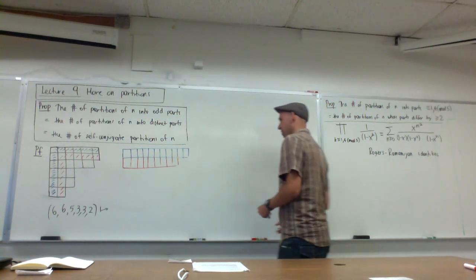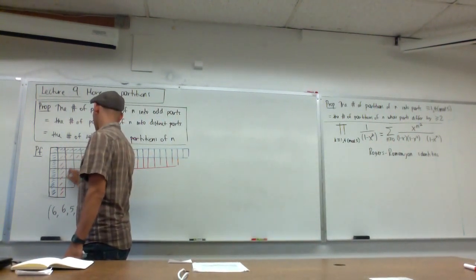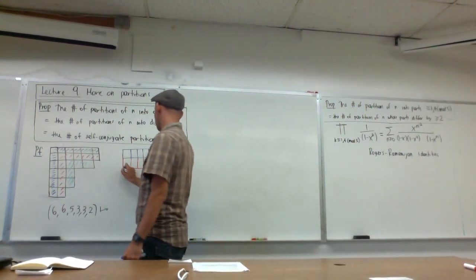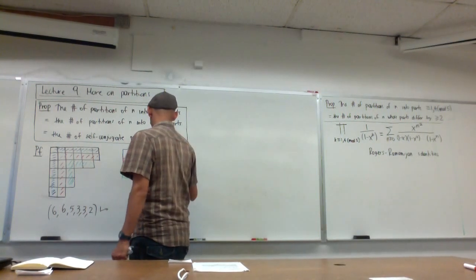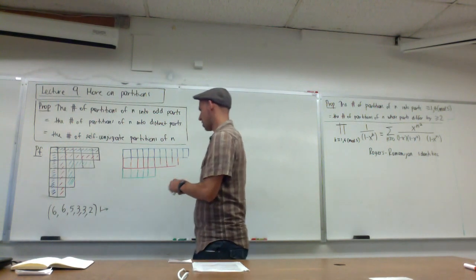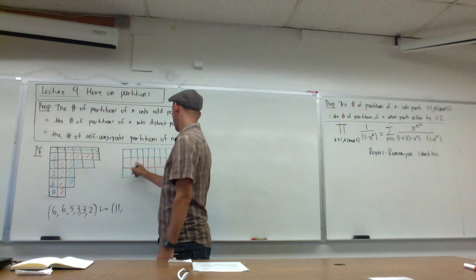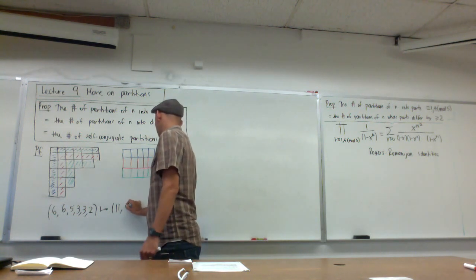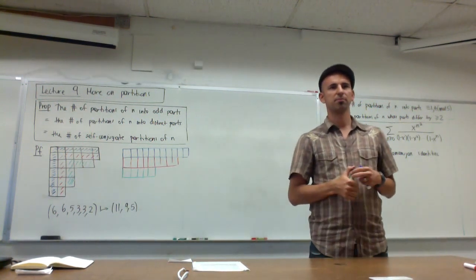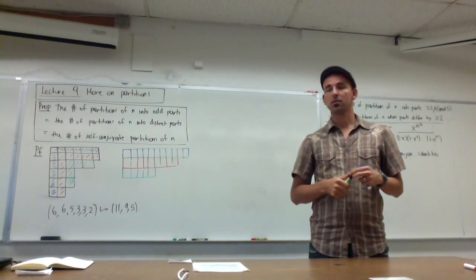And then look at this, and I have 5 boxes, and so I make a part of length 5. So this gives me the partition 11, 9, 5. A partition into odd parts. So that's the bijection.